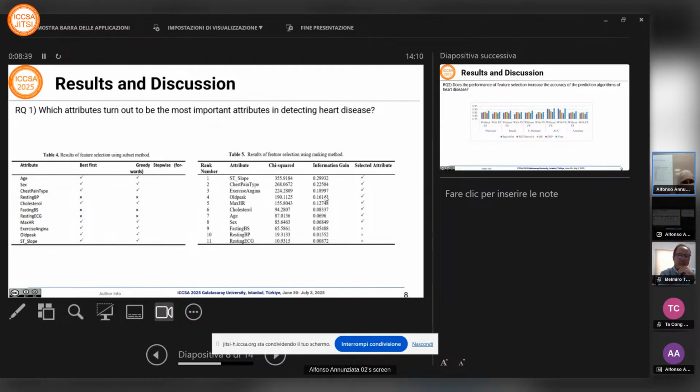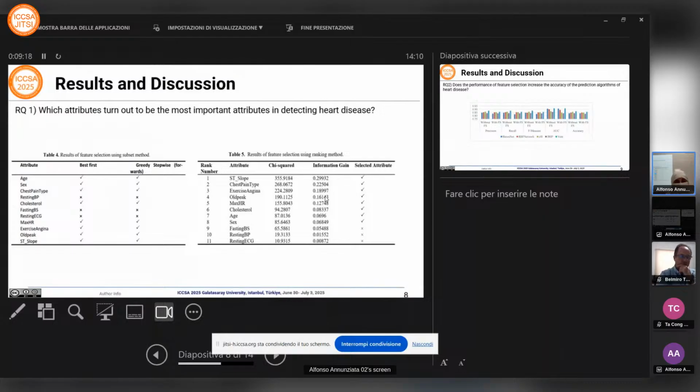When we apply the first 2 feature selections, which are subset methods, these feature selections take a subset of the features that most affect the model, best first and greedy stepwise. And we found some attributes were not selected, which are resting BP, fasting BS and resting ECG. These 3 attributes are not selected by the subset methods.